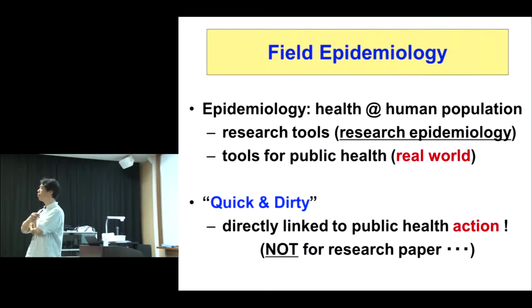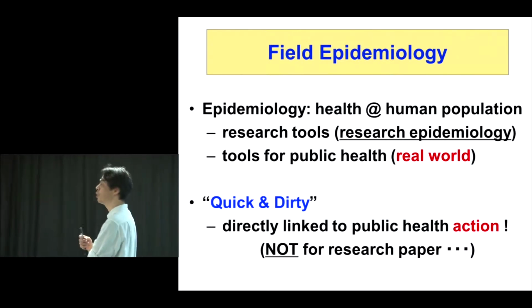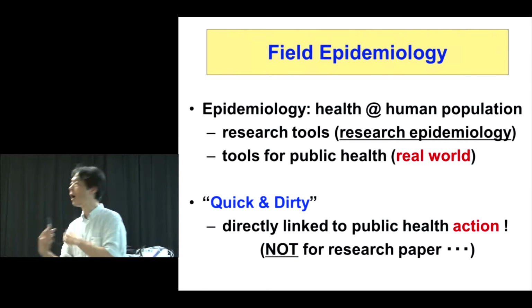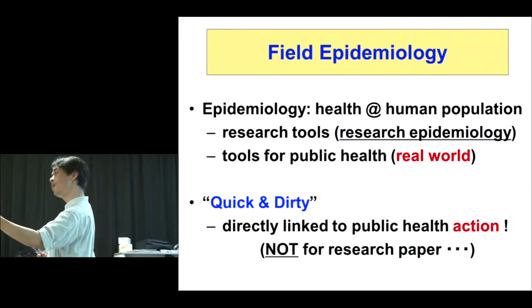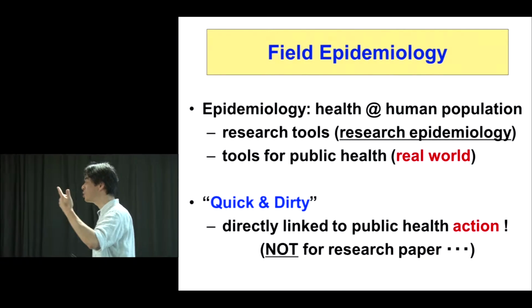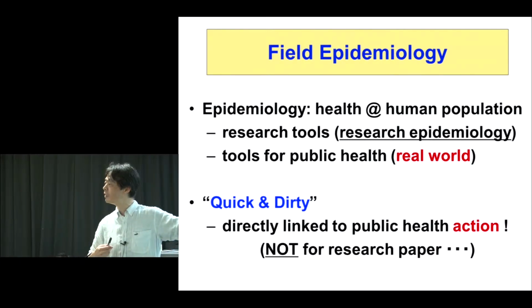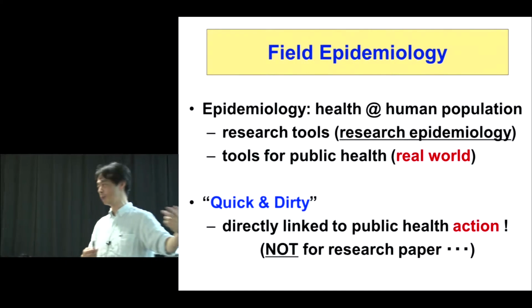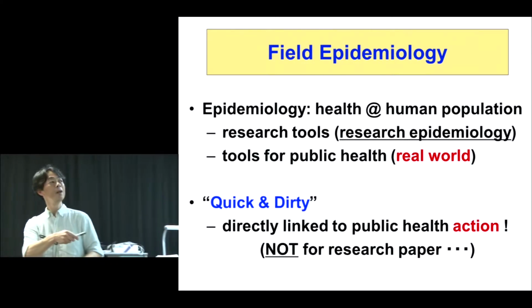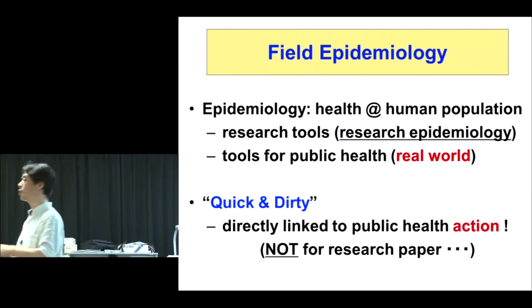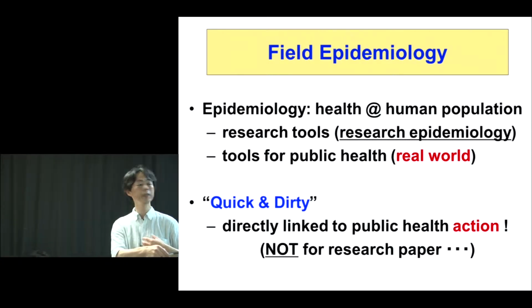Some people call field epidemiology quick and dirty, especially research epidemiologists call us quick and dirty. I said there are two types, research epidemiology and field epidemiology, but I don't completely agree with this division into two categories. Research epidemiologists always blame us, field epidemiologists, as quick and dirty.